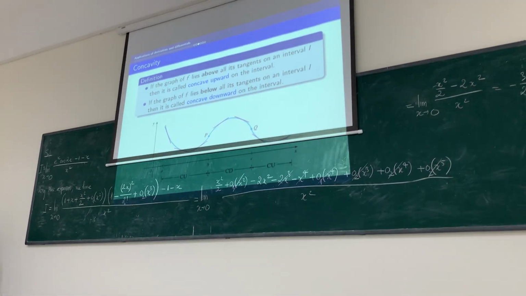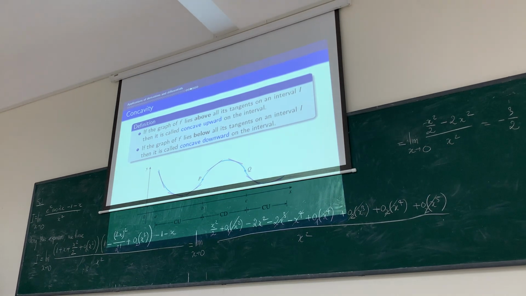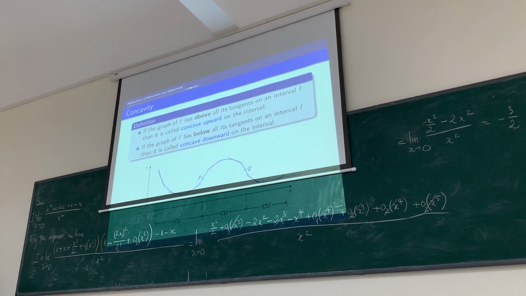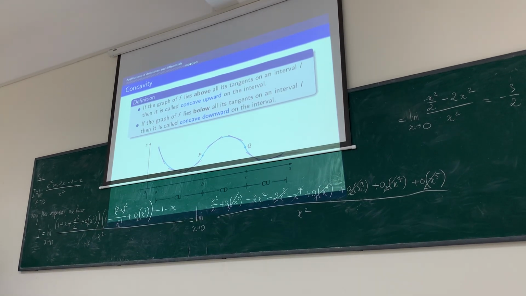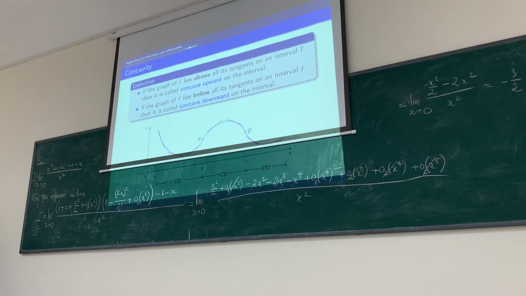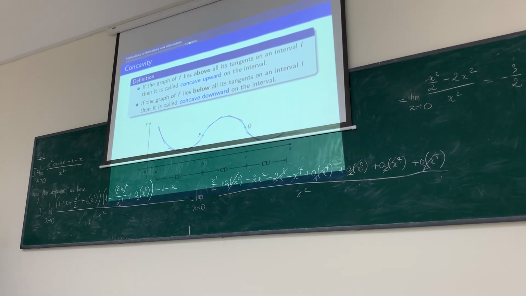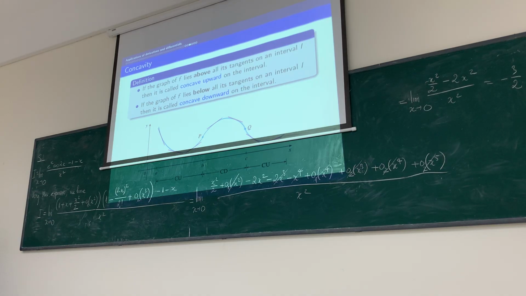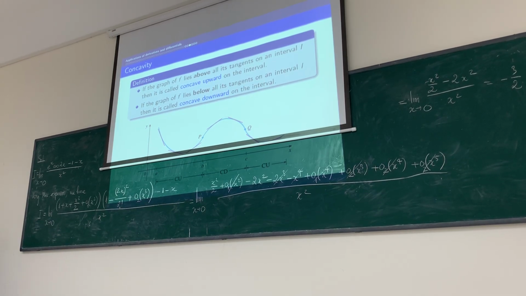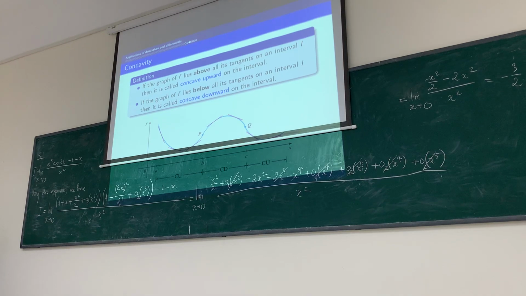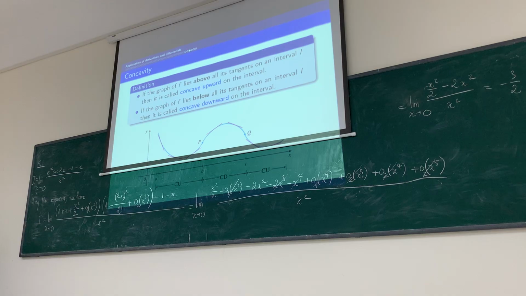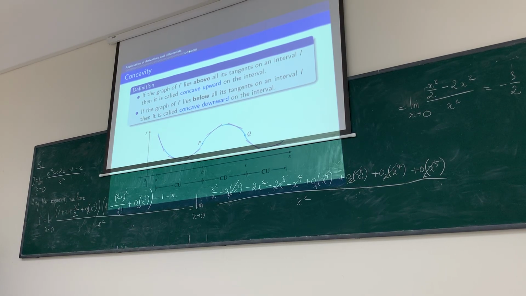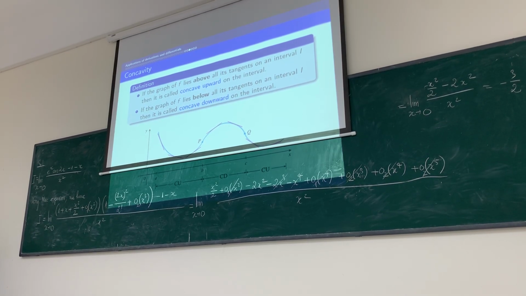If the graph of f lies above all its tangents on an interval I, then it is called concave upward on the interval. If the graph of f lies below all its tangents on an interval I, then it is called concave downward on the interval. Next, a question related to the concavity of the interval: concave upwards, concave downwards.